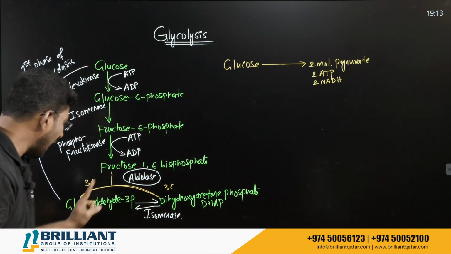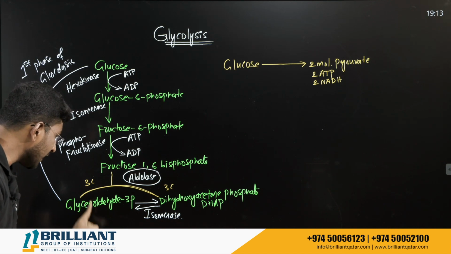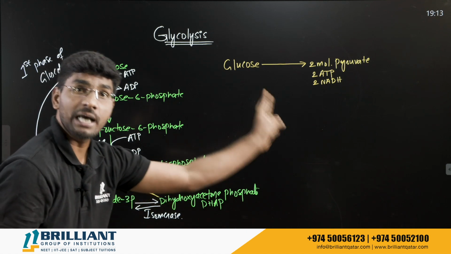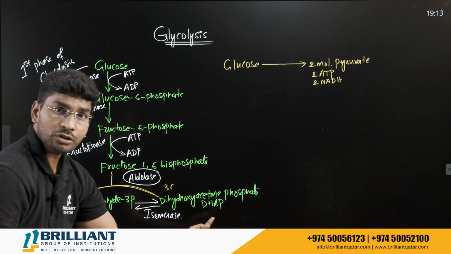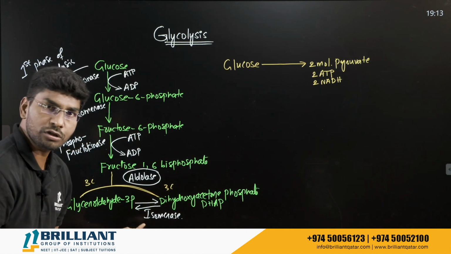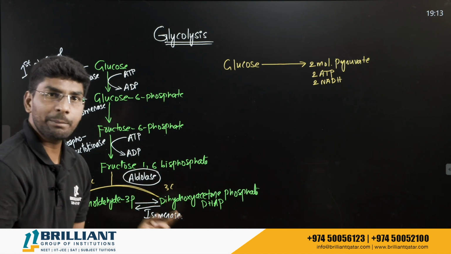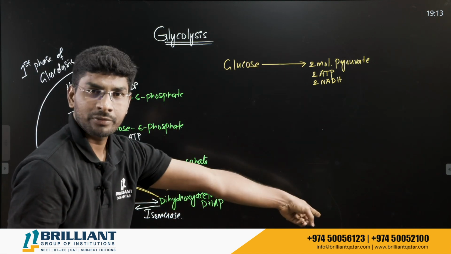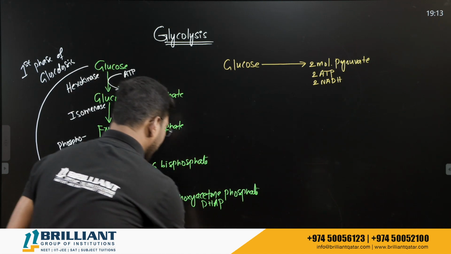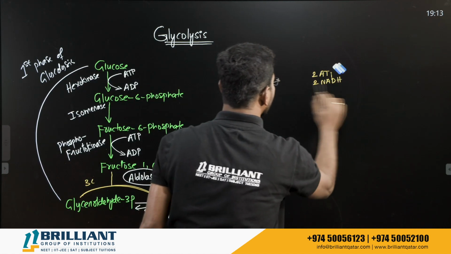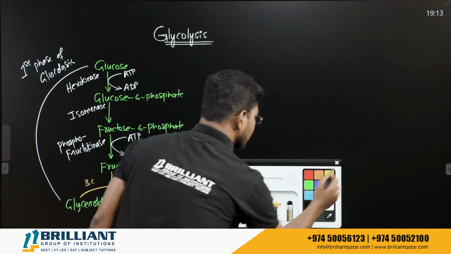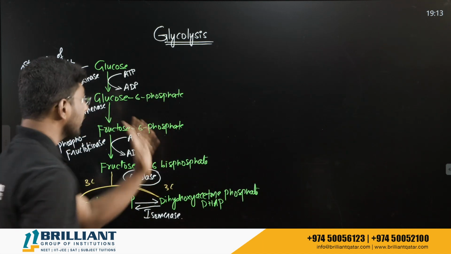Remember, I am taking the rest of the oxidation reactions from glyceraldehyde 3-phosphate, and we have to double them because dihydroxyacetone phosphate also converts into glyceraldehyde 3-phosphate. That's why whatever reactions we write will be doubled. You got my point? Right. Now I'm taking glyceraldehyde 3-phosphate.